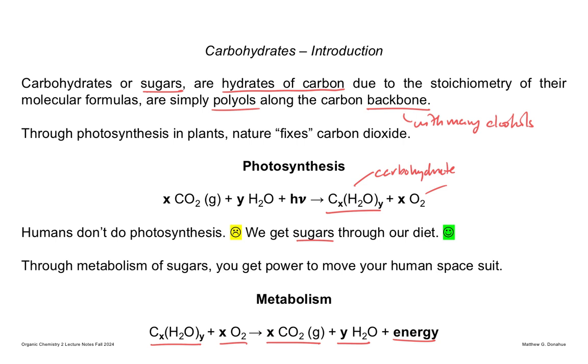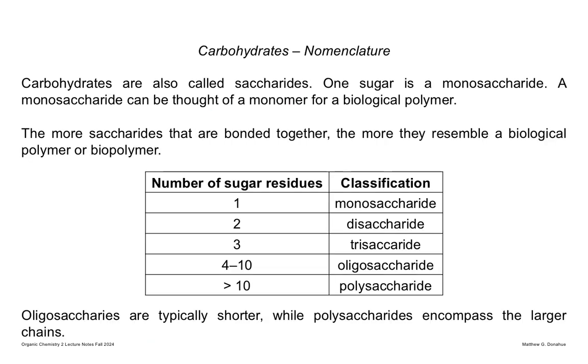In this class, we're primarily focused on structure, and in other classes, you'll see the implications of how these molecules behave. Sugars are also called saccharides. If you have one sugar, it's called a monosaccharide.